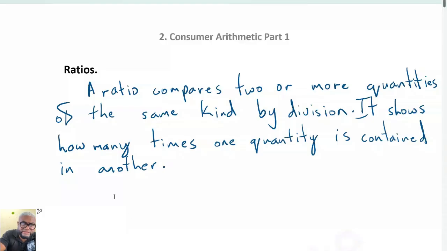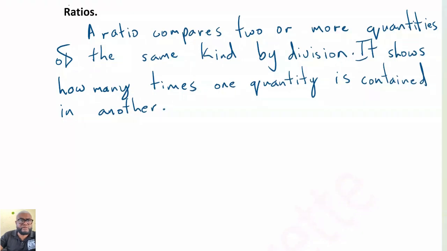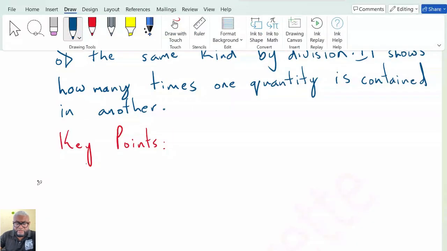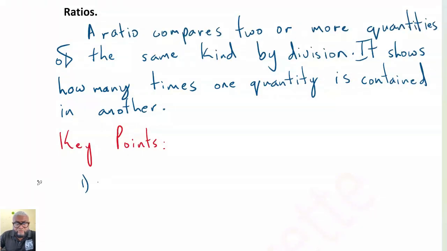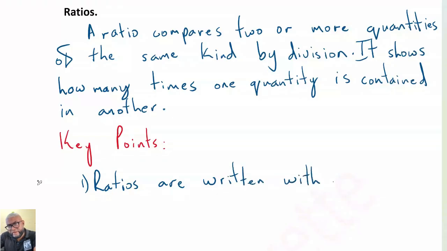So, key points. Key points. 1. Ratios are written with a colon, which is these two dots, right?